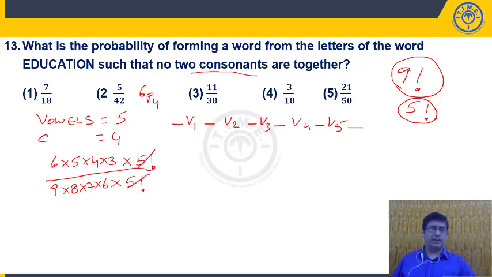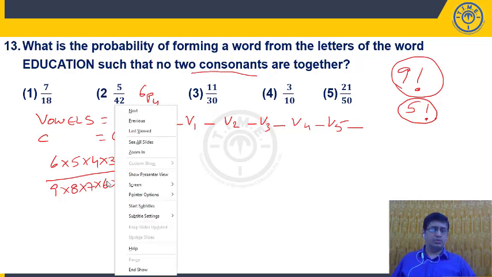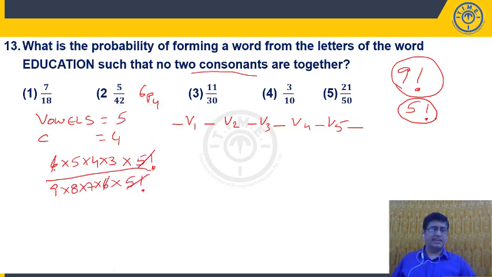Now 5 factorial we can cancel. 6 and 6 get cancelled here, 4 goes exactly 2 times in 8, and 3 cancels. So what is the result? 5 by 42 is the result. Right choice is option 2.